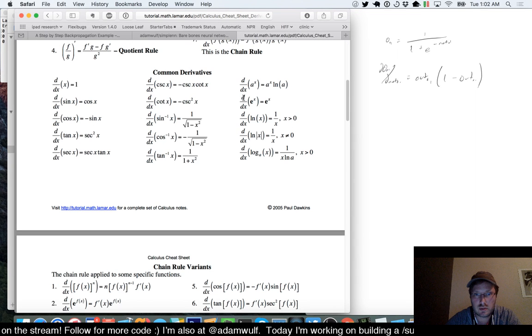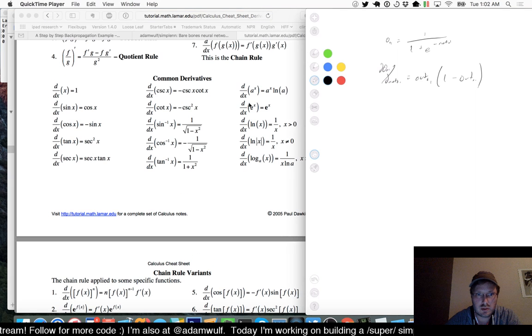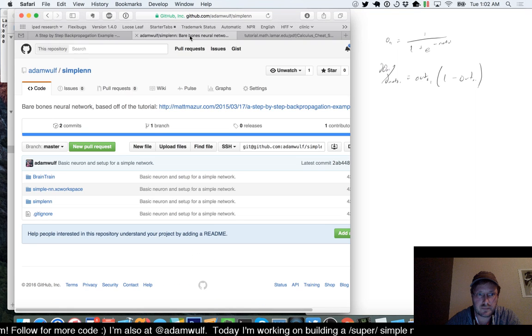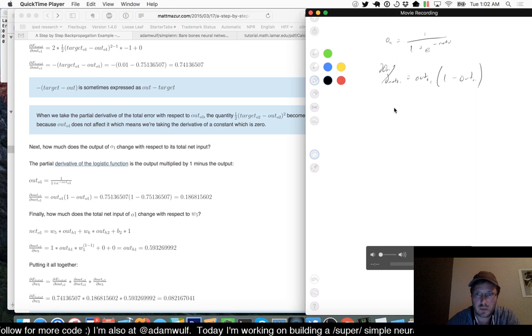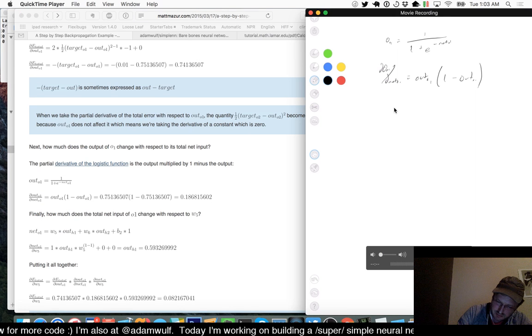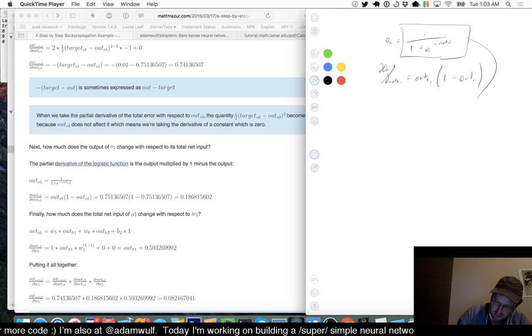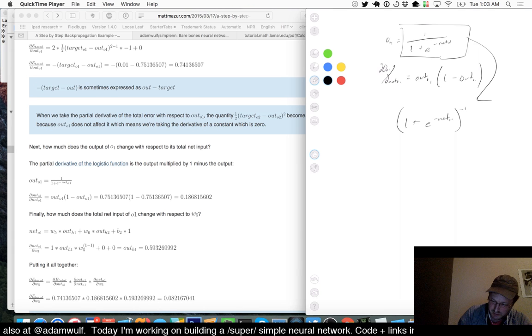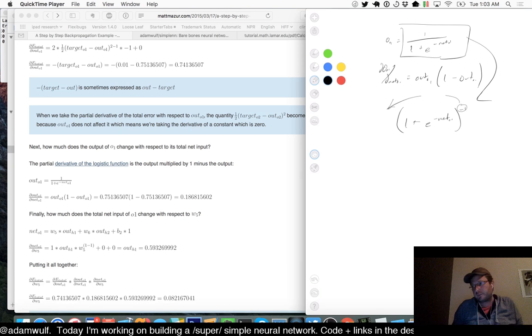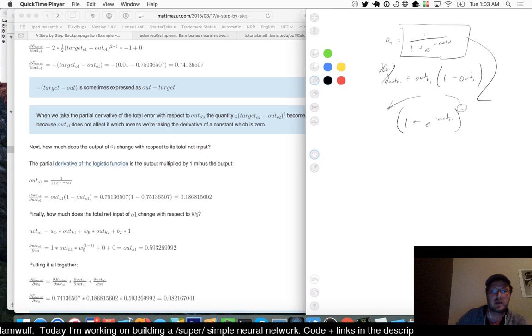The reason is because this function right here is really 1 plus e to the negative net of O1, to the negative 1. And so that brings this exponent down to the front. Anyway, I'm happier now that I moderately understand it instead of completely not understanding it.